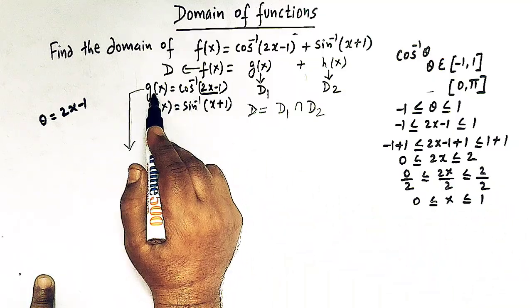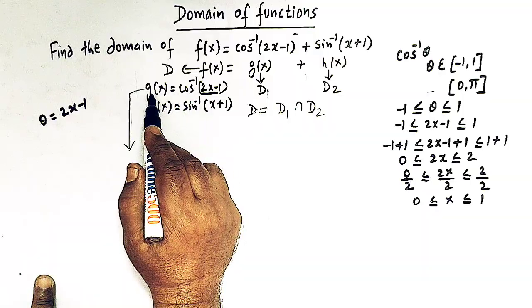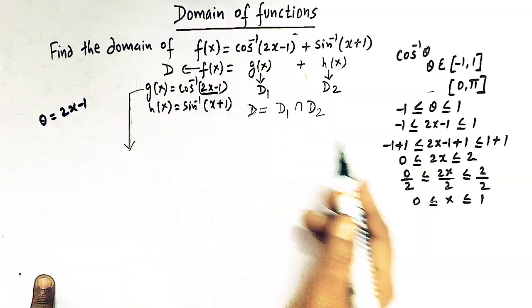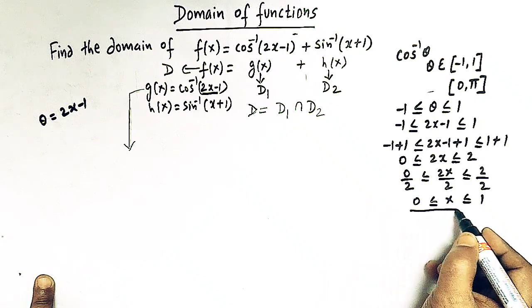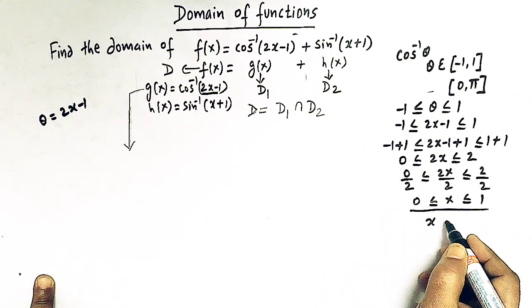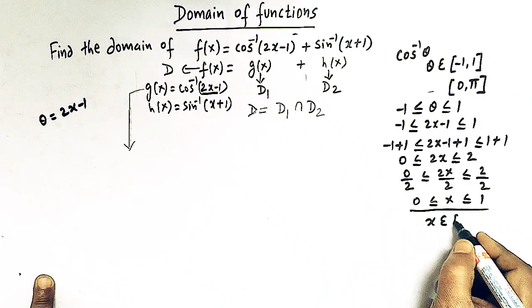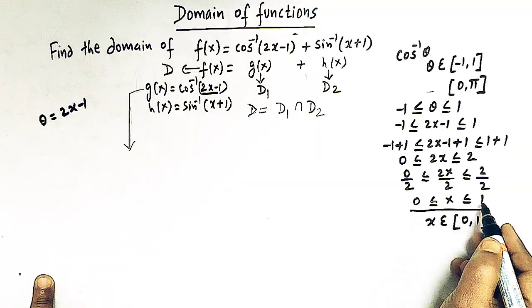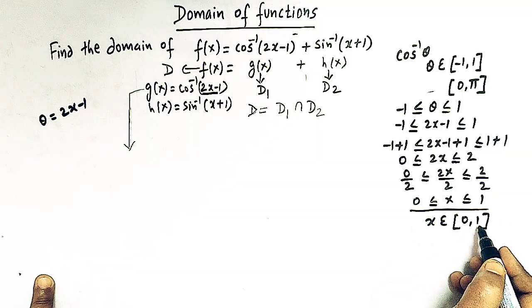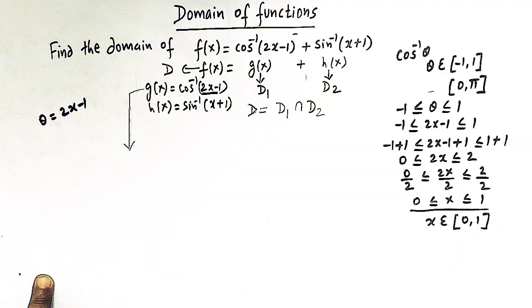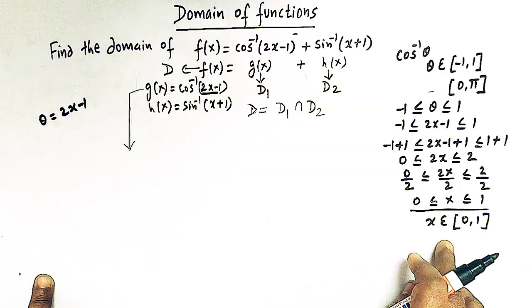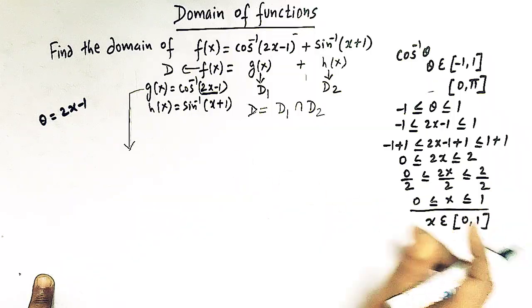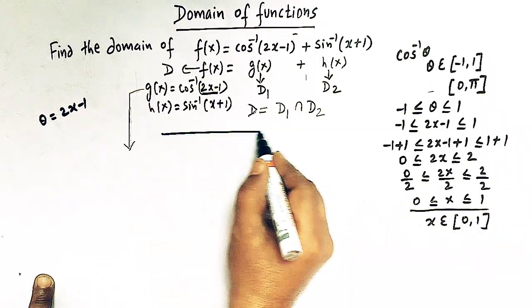So the domain of this function g of x, that is cos inverse of (2x minus 1), is given by this inequality, that is x should belong to the interval 0 to 1, and here both the endpoints 0 and 1 are included, right? So let us represent this interval on the real number line.